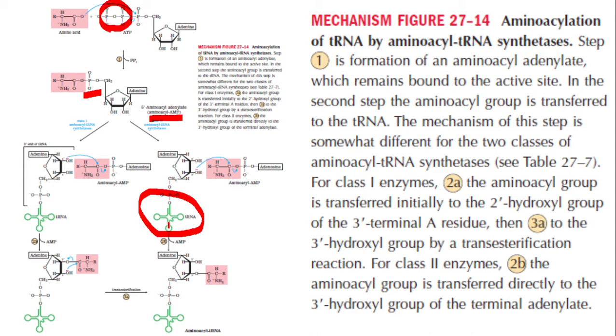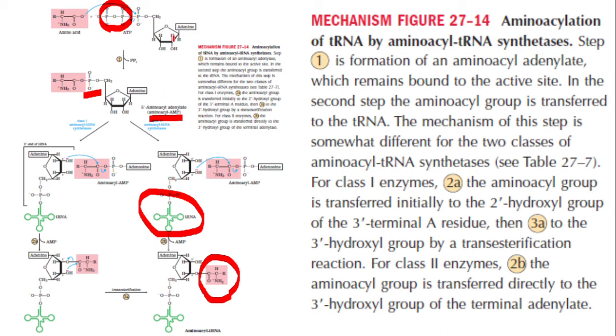So finally what is produced? There is a tRNA, phosphate, ribose sugar, adenine and amino acid. So look here, amino acid is joined with the adenosine with a phosphate. The adenosine is bearing the amino acid on the carbon number 3 of the sugar.